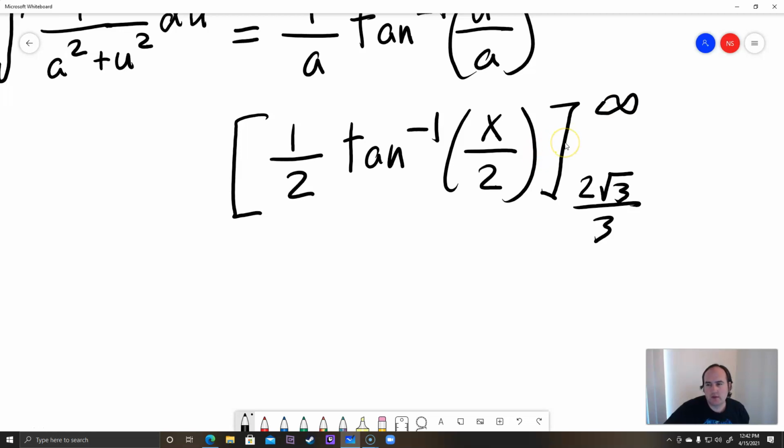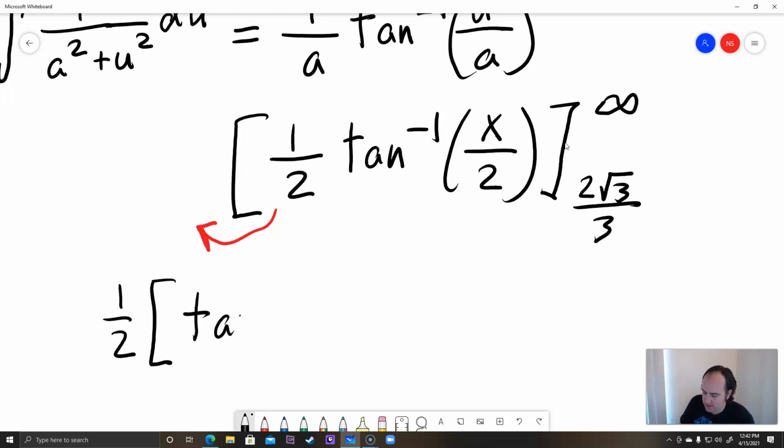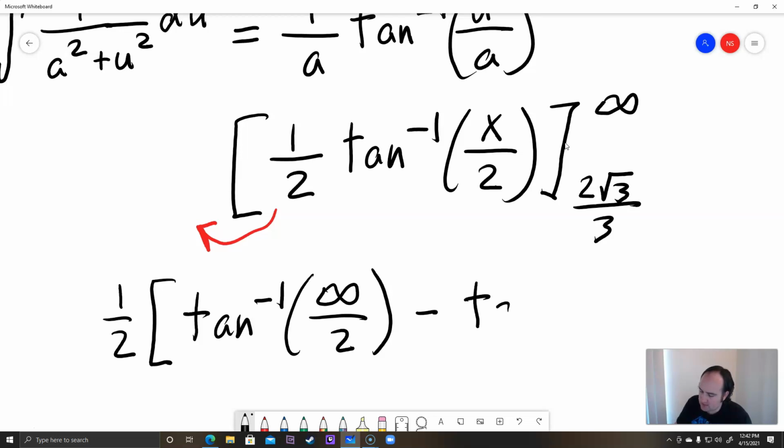If you want to just plug it in, that's fine, but it's going to look a little weird. So if I go ahead and factor out the 1/2, then I'm going to have 1/2 times, if I plug it in directly, the top number, so tan inverse of infinity over 2 minus tan inverse of 2 root 3 over 3.